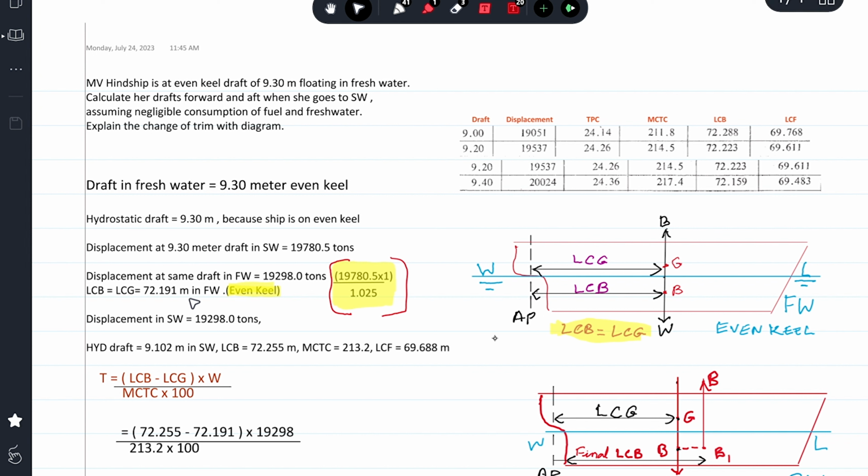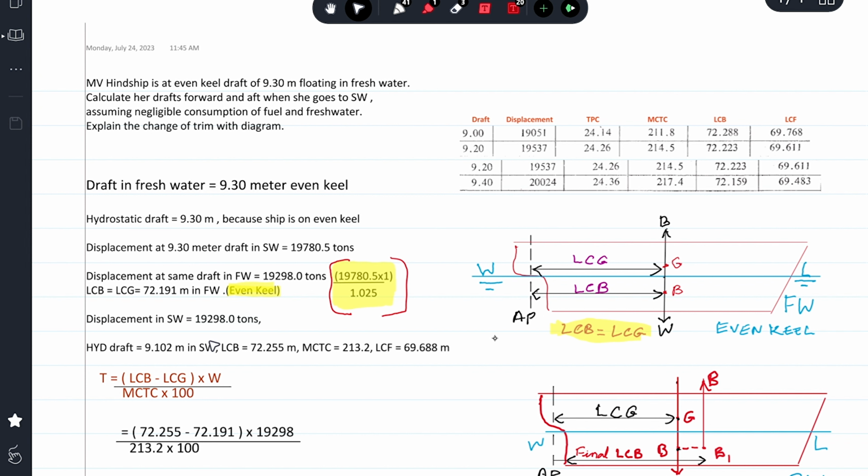So the displacement in fresh water when at 9.30 meter draft was 19298. That remains the same. So displacement in salt water is again 19298.0.